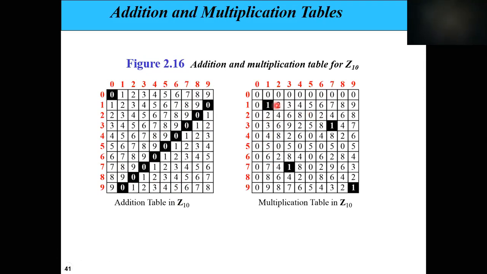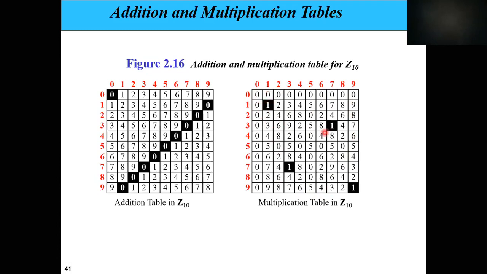So this is not a field, because a field is always a group under multiplication too. In that case, we have just multiplied: 0 with 0 is 0, 1 with 1 is 1. So the multiplicative inverse of 1 is 1.